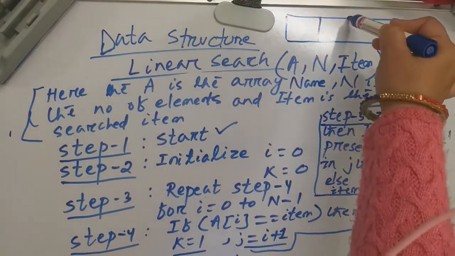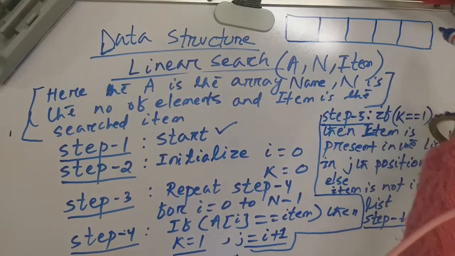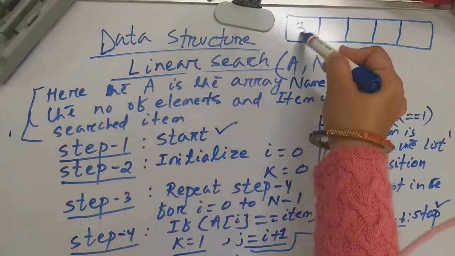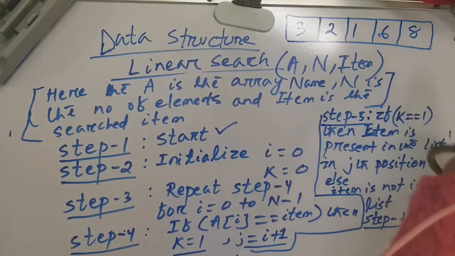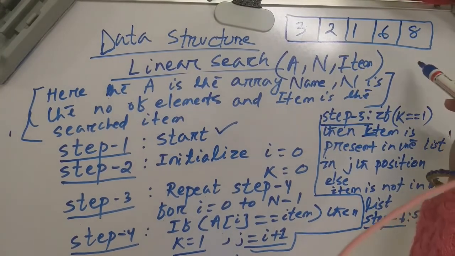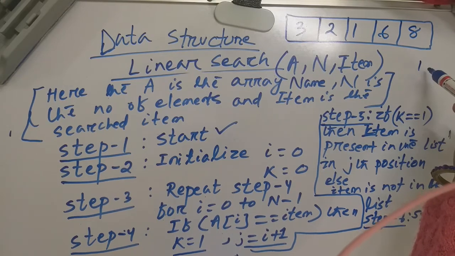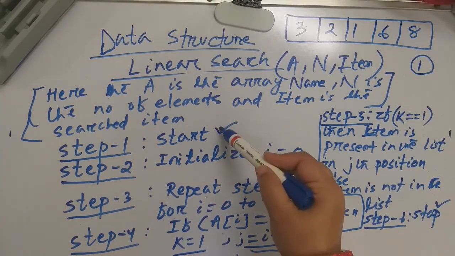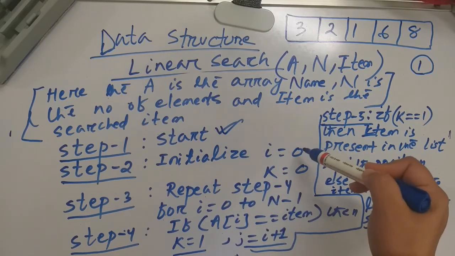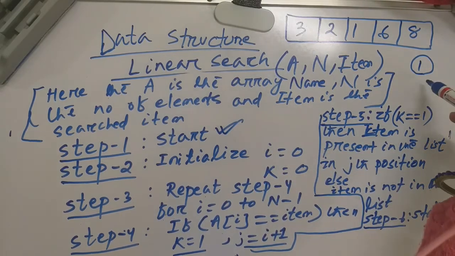Here I explain it once again. Suppose 3, 2, 1, 6, 8 is the list, and we search for the item 1. So we start our algorithm. Then we initialize I equal to 0 and k equal to 0.